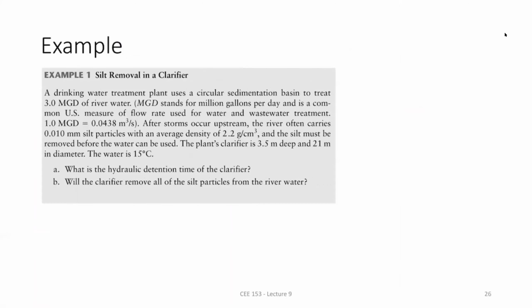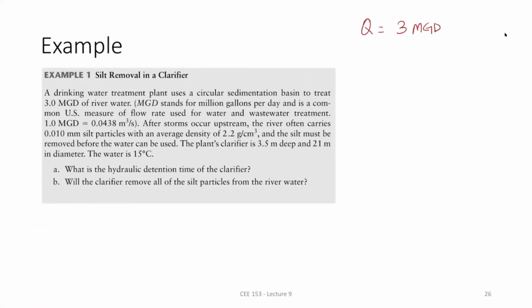All right, let's solve the example. A drinking water treatment plant uses a circular sedimentation basin to treat 3 million gallons per day. It says circular, so the area would be pi d squared by 4. So the Q is 3 MGD.